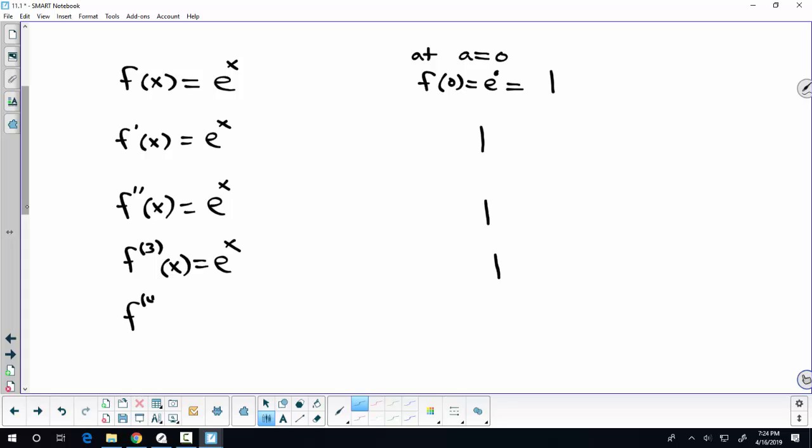Let's just be clear here. This is f prime at 0. This is f double prime at 0. And so forth.